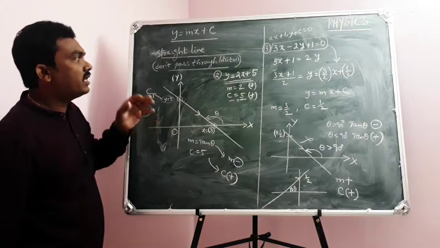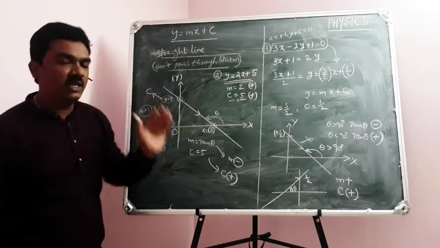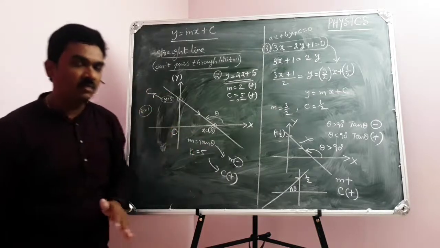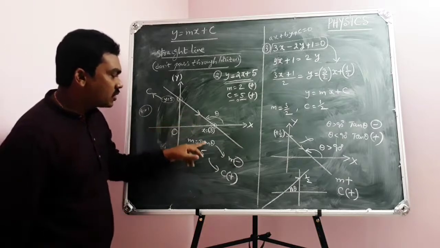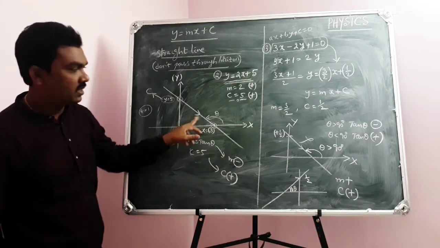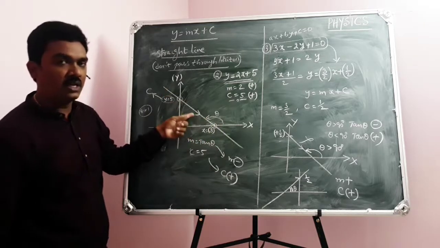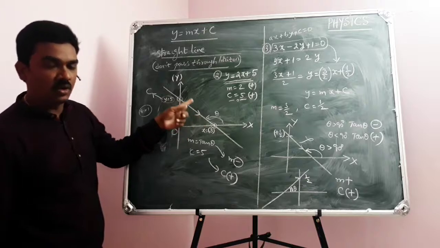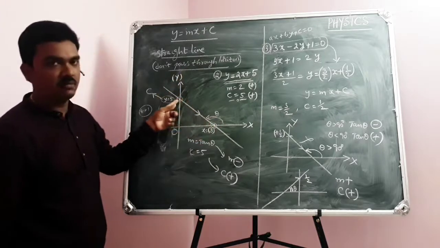But when we are taking an equation of the format y equal to mx plus c, first I may come across the slope is negative, y-intercept is positive. Because theta is greater than 90, the slope is negative. Your graph is a straight line not passing through the origin, so it represents y equal to mx plus c. But m is negative, y-intercept positive.